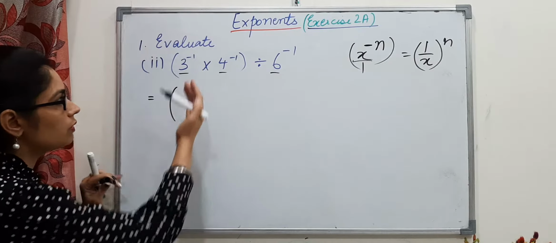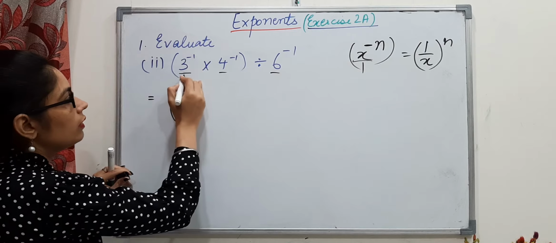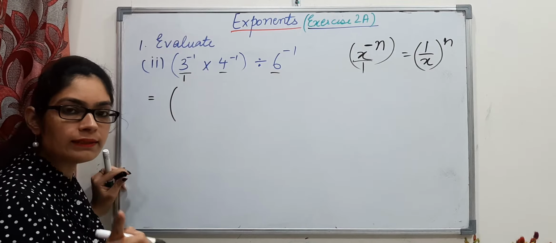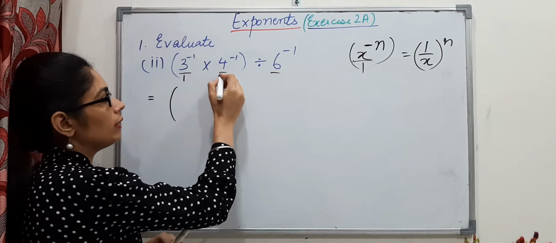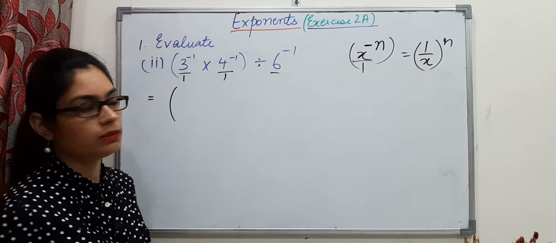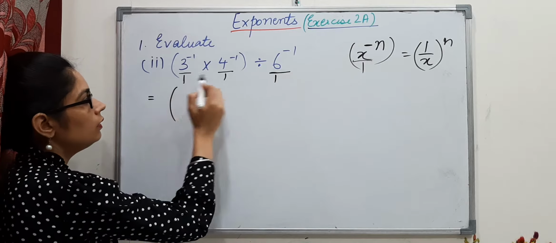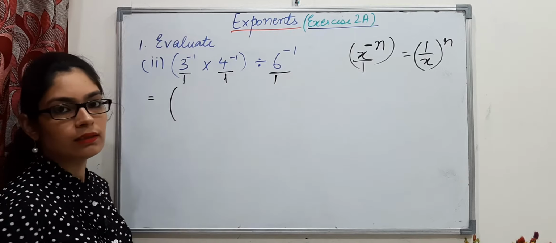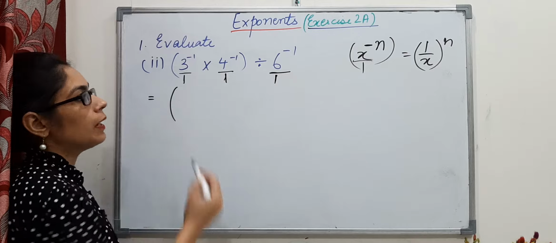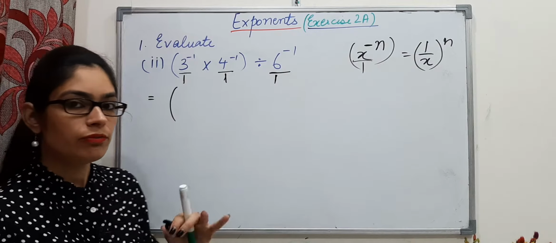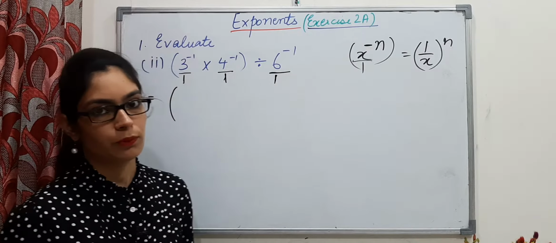Same thing we will do here. If a single number is there, you can always write it over 1. It will not make any difference, the number will remain the same. So that it can be converted into fraction form, and a fraction you can easily reciprocate.